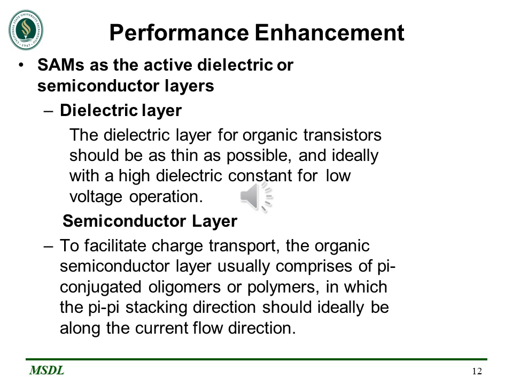A well-ordered, densely packed self-assembled monolayer may be the thinnest possible high-quality dielectric layer that can be used in the semiconductors. We use self-assembled monolayers as a dielectric layer in the organic transistors for low voltage operations.